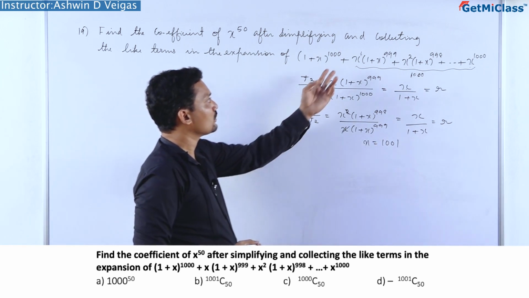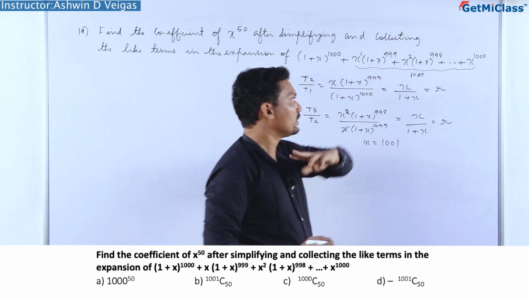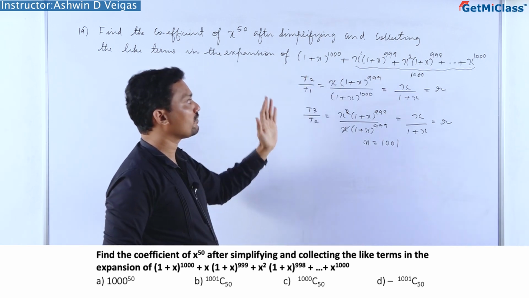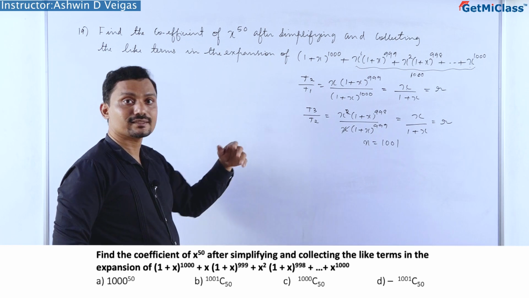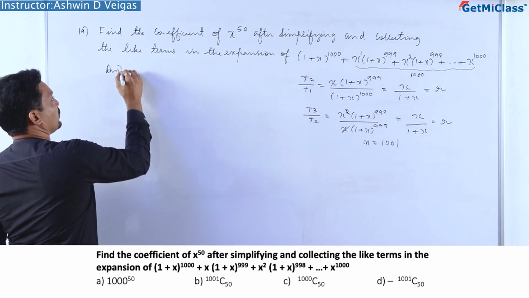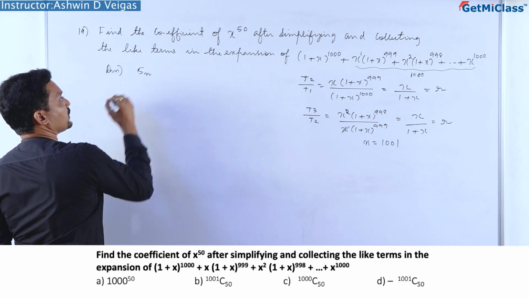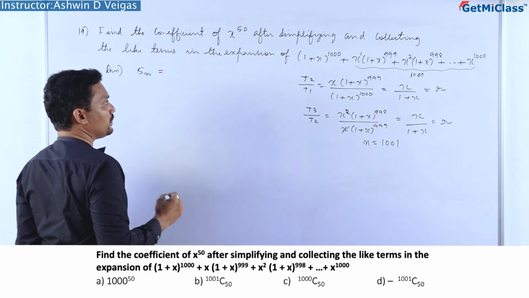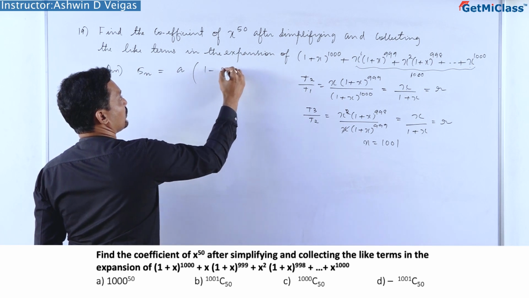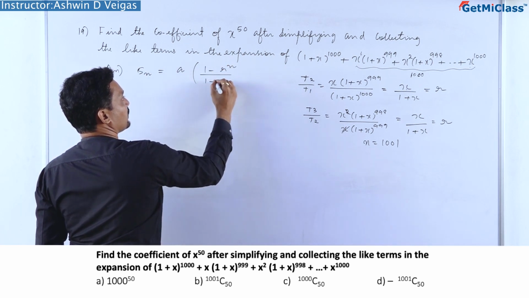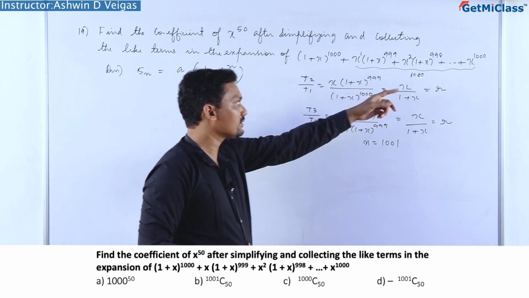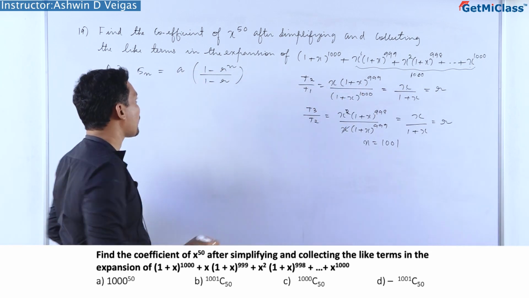Now, all these terms are added and this is a GP. So we have to write the Sn formula of GP, and now I will do the main calculation. Sn of a GP is given by A into (1 minus R power n) divided by (1 minus R). You can simplify this entire series using this formula.